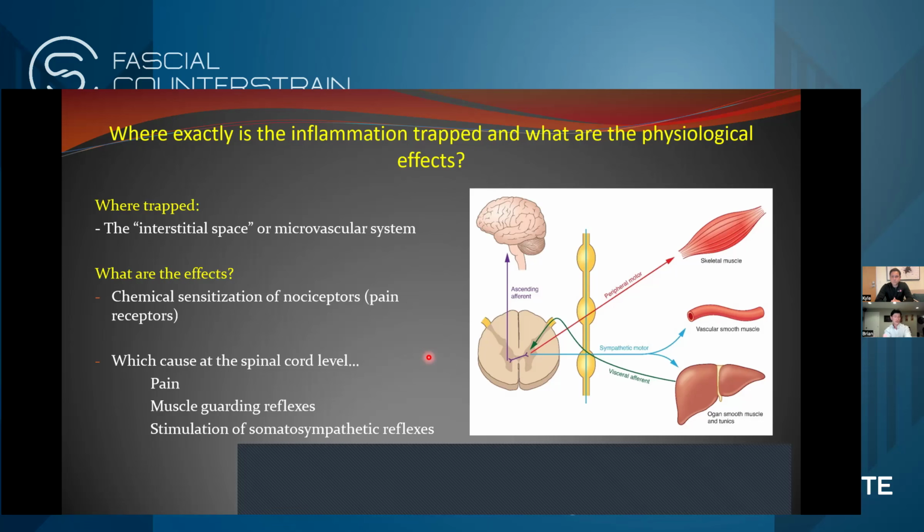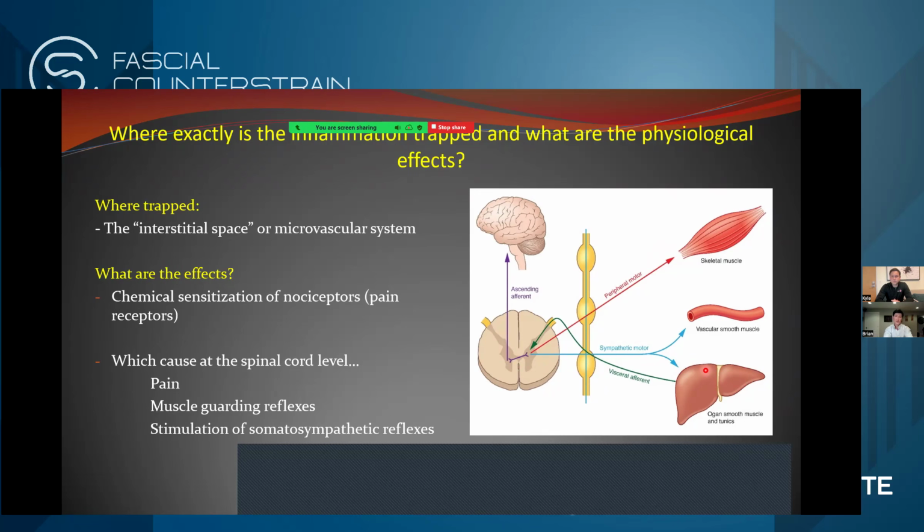What else happens? It turns out that these nociceptors go into the spinal cord and stimulate reflexes at that segmental level. In this slide, which I pulled out of our visceral class, you have a triangular ligament of the liver. The liver itself is suspended on the bottom of the diaphragm by visceral ligaments.